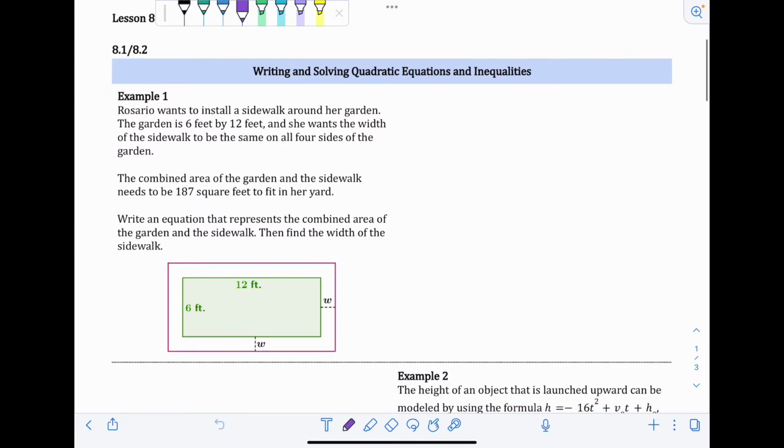Okay, so they give us a nice picture, which is cool. In order to figure out not our exact width, but an expression that we could use to represent width, we can use this picture.